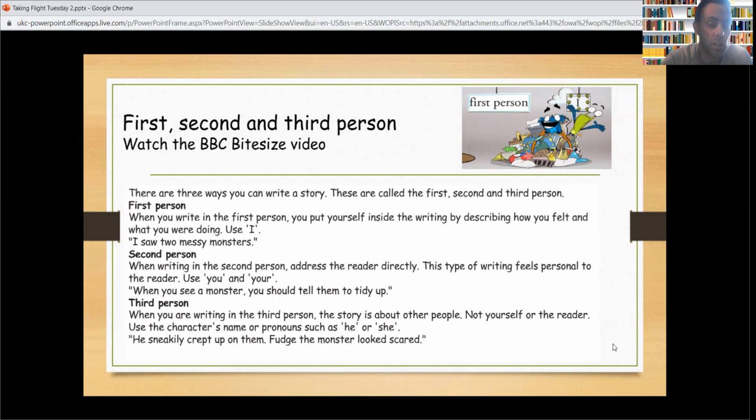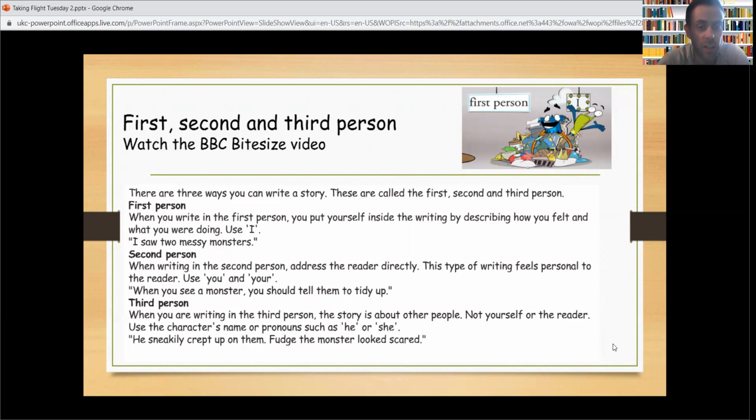The third person is one that we do all the time. When you're writing in the third person, the story is about other people. So it's not about you. It's like when you tell a story about, I don't know, Jack and the Beanstalk, you say Jack did this, Jack did that. You don't say I did this because you're not Jack. You're telling the story about other people, not yourself or the reader.